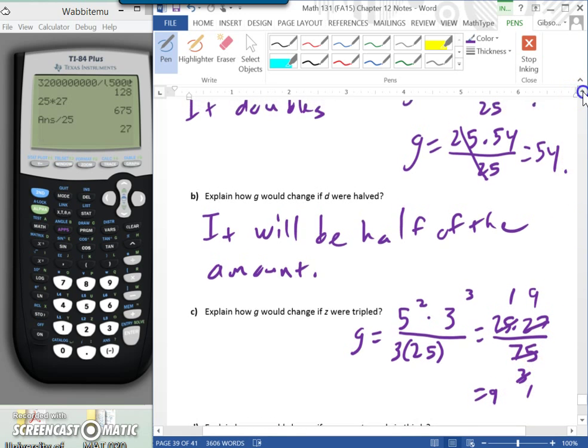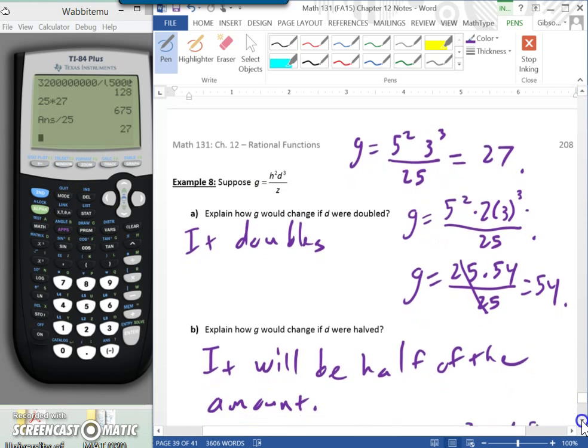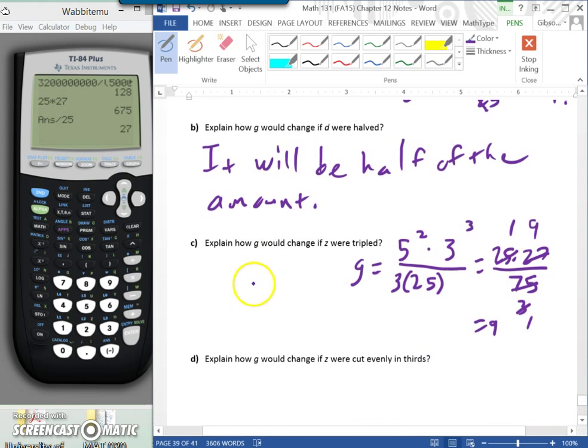So we could go back and compare it to what we originally had. Our original answer was 27, right? So that means that, what would it be? 1/3. It'll be 1/3 of the original answer.